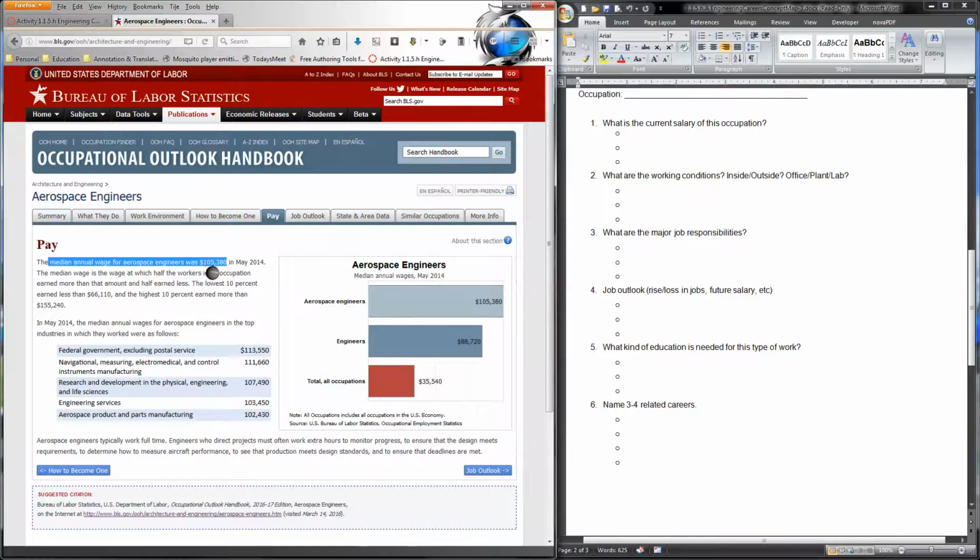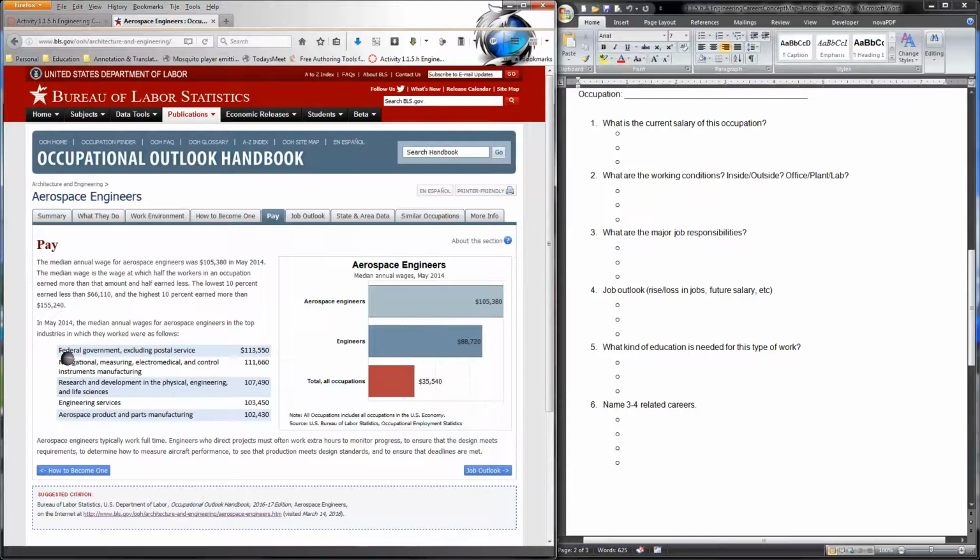The middle pay for this job would be $105,000 in 2014. The lowest 10% of people working in this career would be making $66,000, and the highest paid 10% are going to make $155,000. So it talks about the different groups of workers and how much they'd make. There are some pieces of information there you can use.